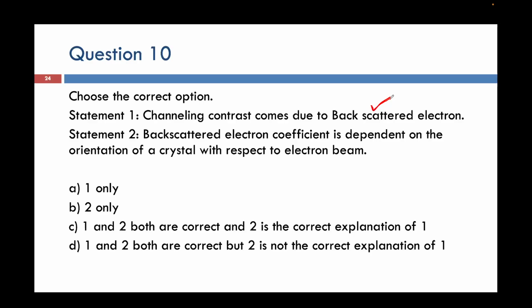Based on that orientation, the number of backscattered electrons that our detector is going to detect varies, so the backscattered coefficient will also vary. That means statement 1 is correct, statement 2 is also correct, and statement 2 is the correct explanation of statement 1.